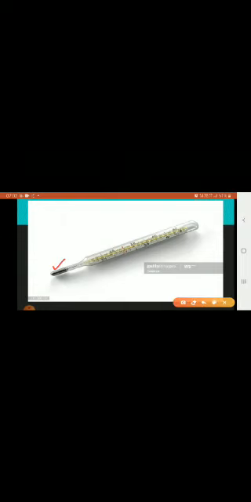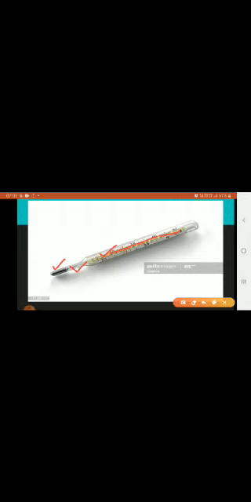Okay students, here the bulb is filled with mercury and the capillary is put inside a thick glass tube called the stem, that I already told you, this long portion. The stem is attached to the bulb. Here you can see that the stem is attached to the bulb. Okay, I cannot draw the straight line properly, just think this portion.